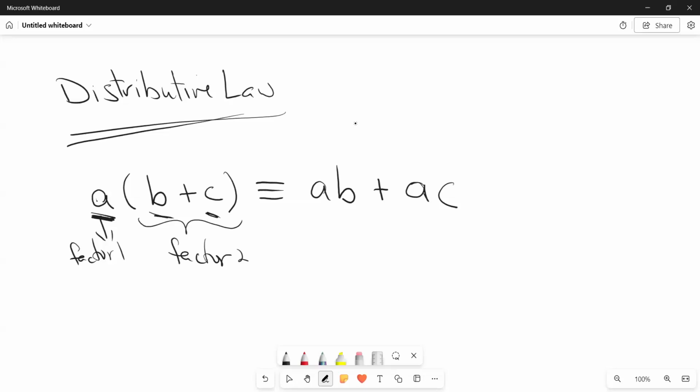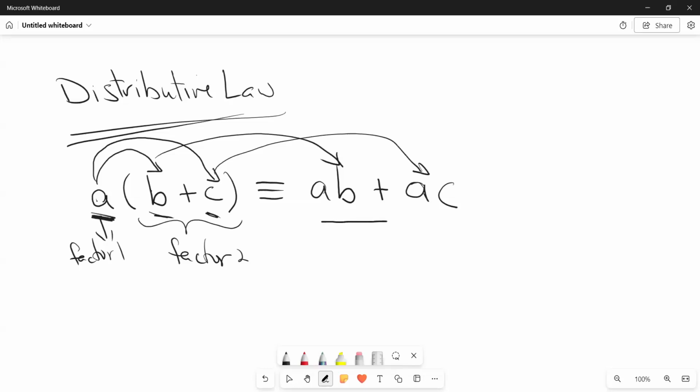So we multiply A by B, and we get AB. Then we multiply A by C, and we get AC. Right? So the distributive law allows you to do that, to take 2 factors and multiply them and get this.